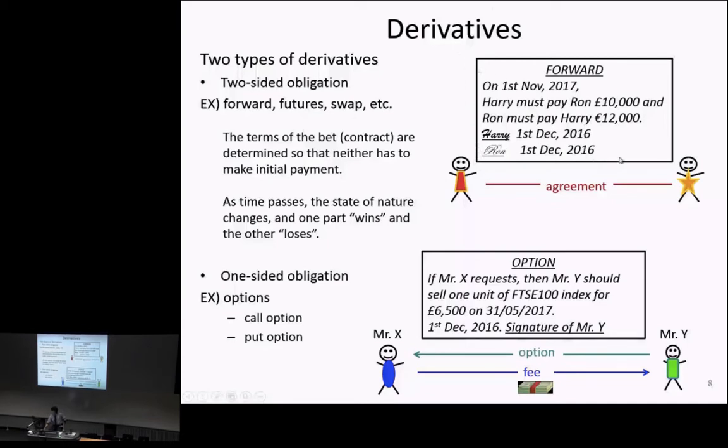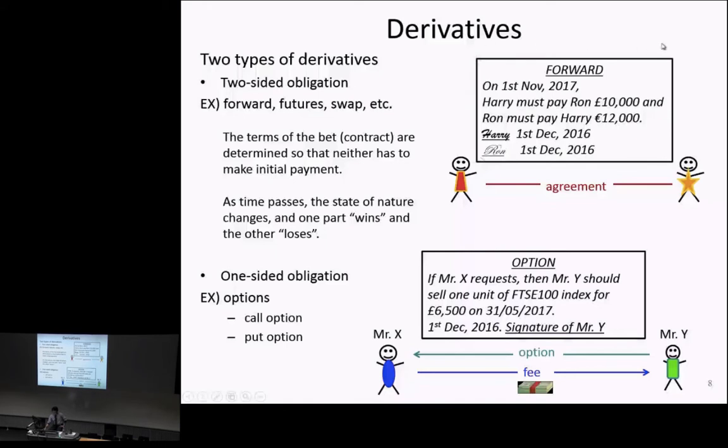Again, it's a piece of documentation, and the contract says, on 1st of November 2017, Harry must pay Ron £10,000 and Ron must pay Harry 12,000 euros. And this is two-sided obligation because it is a must both for Harry and for Ron.